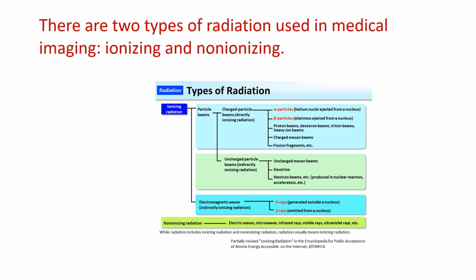We not only look at the two types of radiation, but we look at the source of the radiation, the intensity of the radiation, and the distance from the source. Or we look at the exposure and how that exposure is applied to the patient.